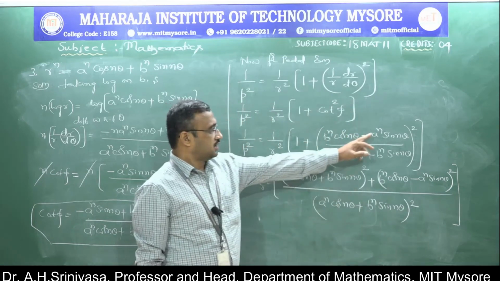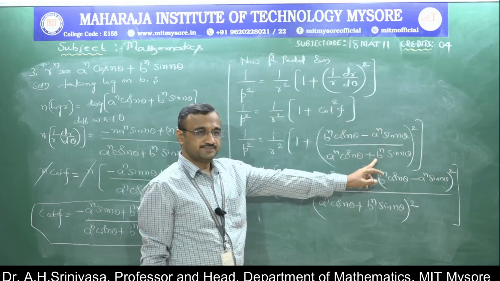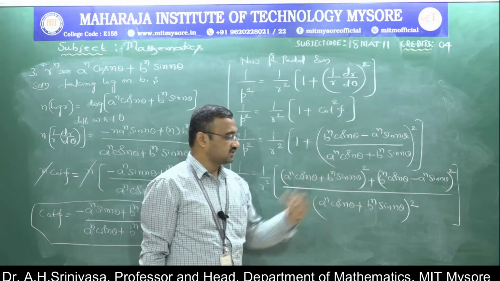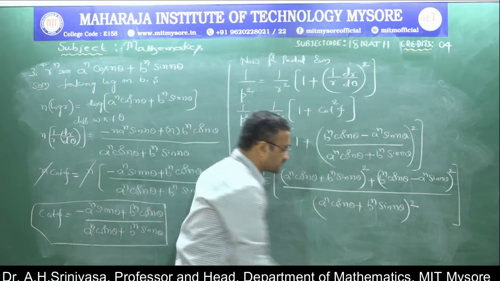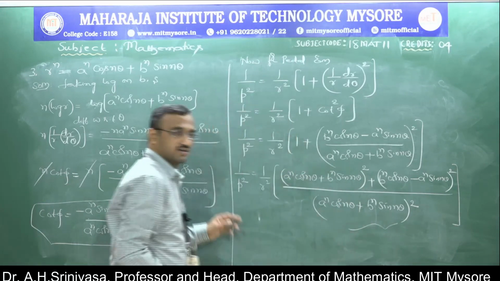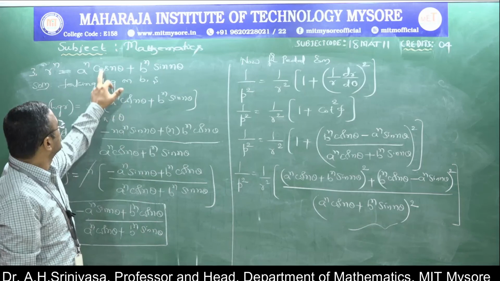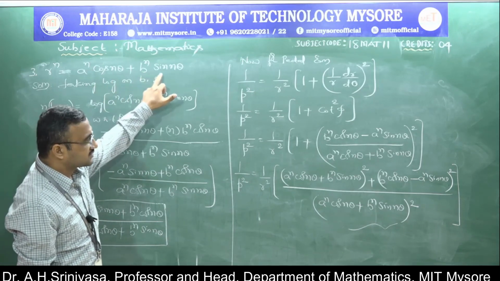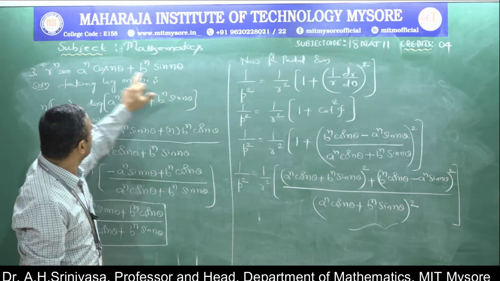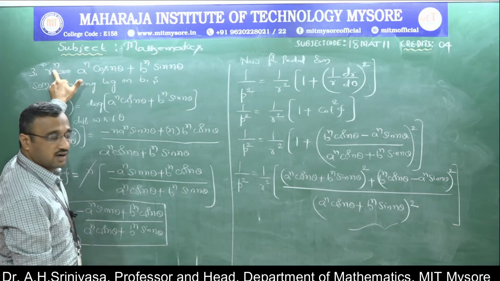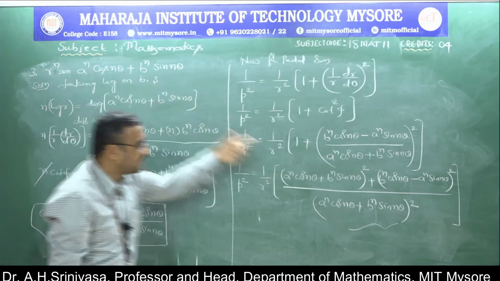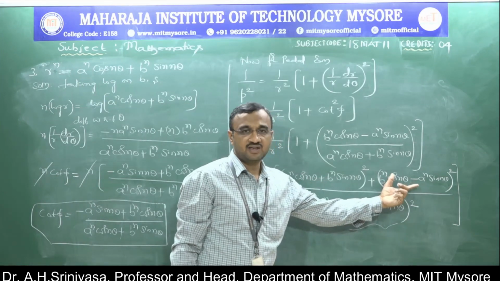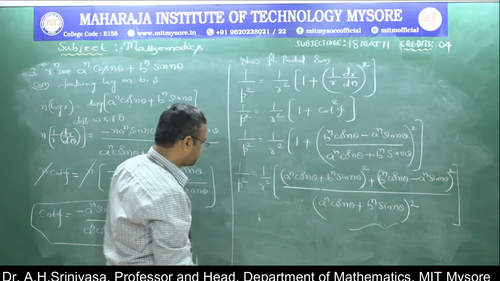So here, apply this power to these two functions, then take an LCM, we get the equation in this form. Now we take a substitution using the given function, a power n cos n theta plus b power n sin n theta. Use this relation. Instead of this, we are putting r power n and expanding this by a plus b whole square and a minus b whole square to make the simplification.